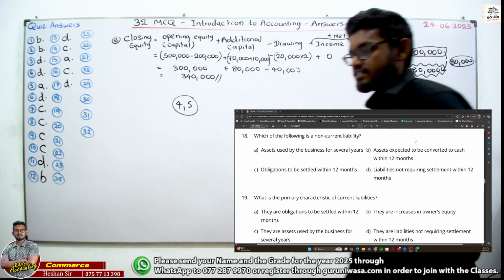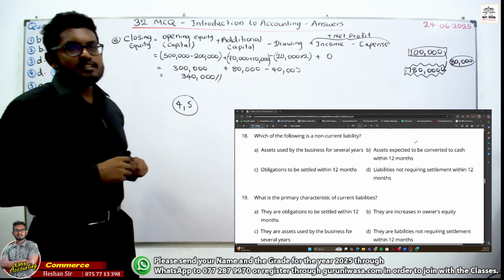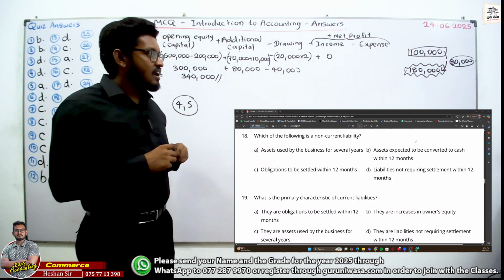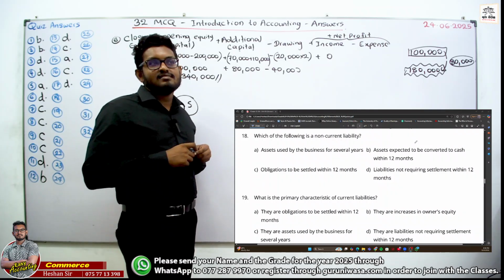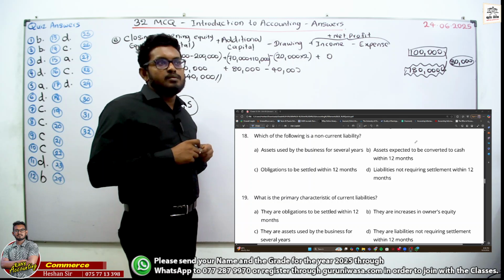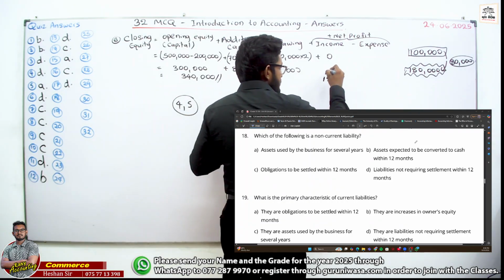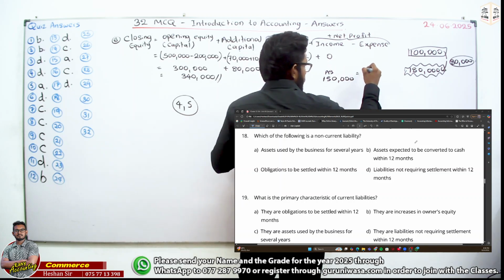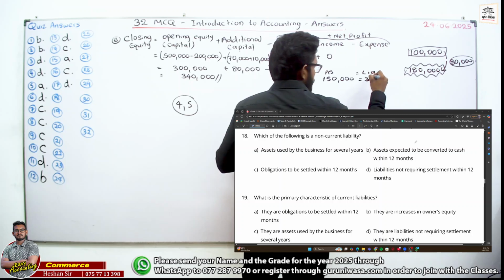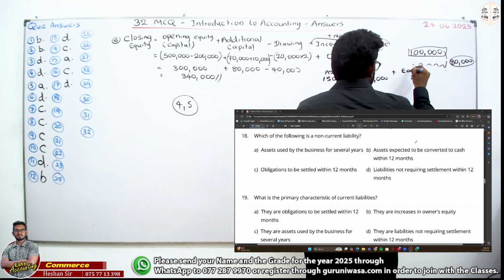18. This time, although it's an MCQ, I'll give 10 transactions and ask what the total assets in the accounting equation are. I'll give it like this. This is the accounting equation: assets 150,000, liability 30,000, and equity the rest, which means 120,000.